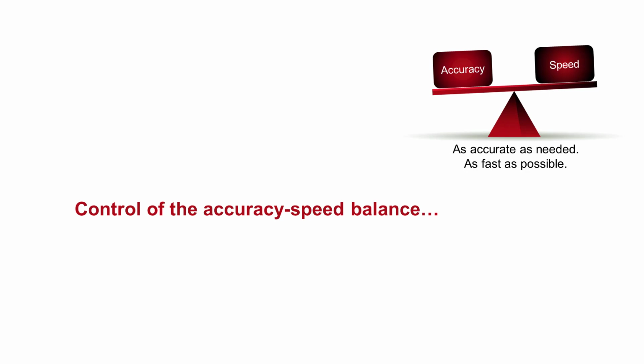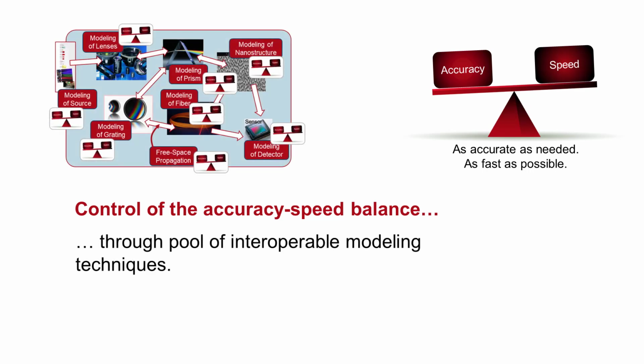And so it is that we have covered all the keywords of this webinar: striking the very delicate balance between accuracy and speed that is always a part of working with simulation technology requires having a pool of interoperable modeling techniques at our disposal that provide the flexibility necessary to adjust that balance and strike the right note, even as the system or the conditions change.